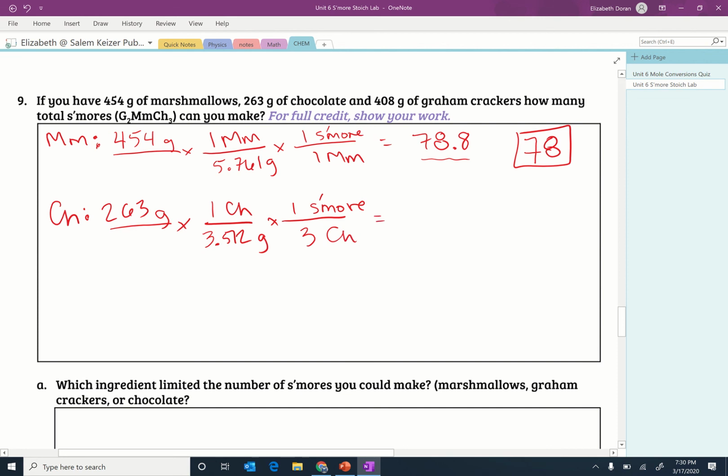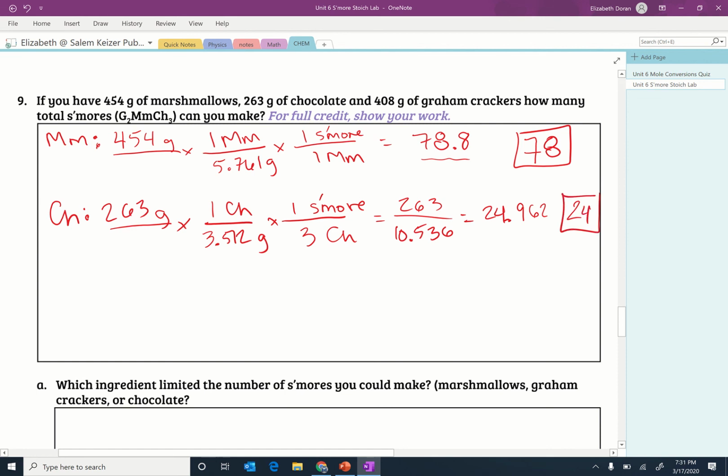Okay, so here we end up multiplying across the top, multiply across the bottom. There's 2 things in the bottom, so we have to multiply those together. We get 10.536 when we do that. Okay, and then we do our division. We get 24, oh my goodness, almost 25 that you can make, but not quite, 24.962. Okay, so that rounds down again. So we can only make 24 s'mores with the amount of chocolate we're given.